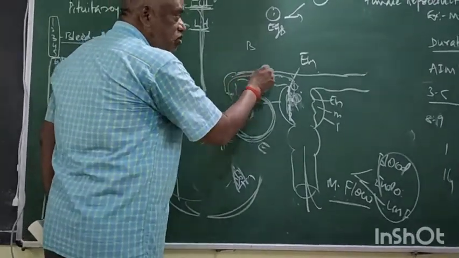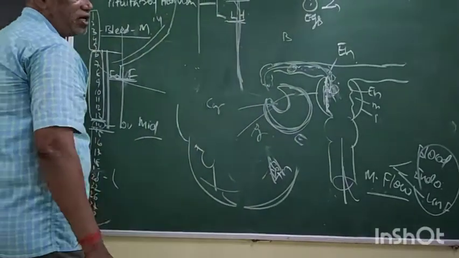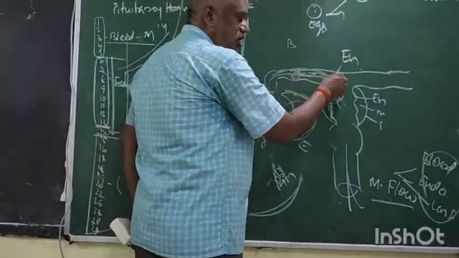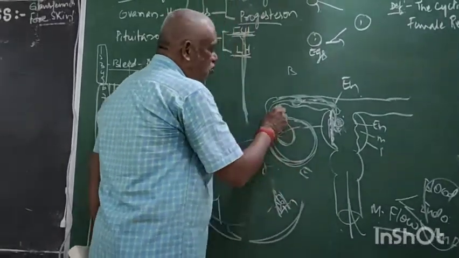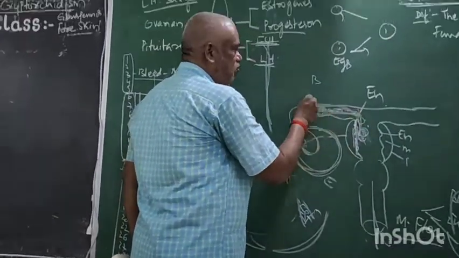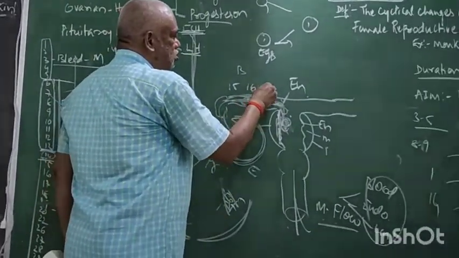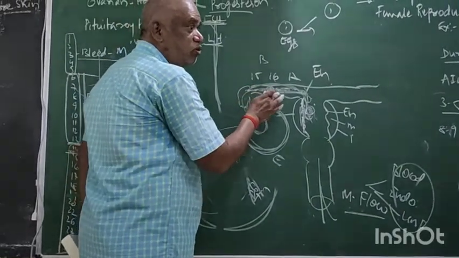But now, if the sperm is not available, the egg passes from the 15th day up to 29 days, falling and attached. The 14th day, ovulation occurred. 15th day, 16th day, 17th day. These 3 days, the egg is passing in the fallopian tube.